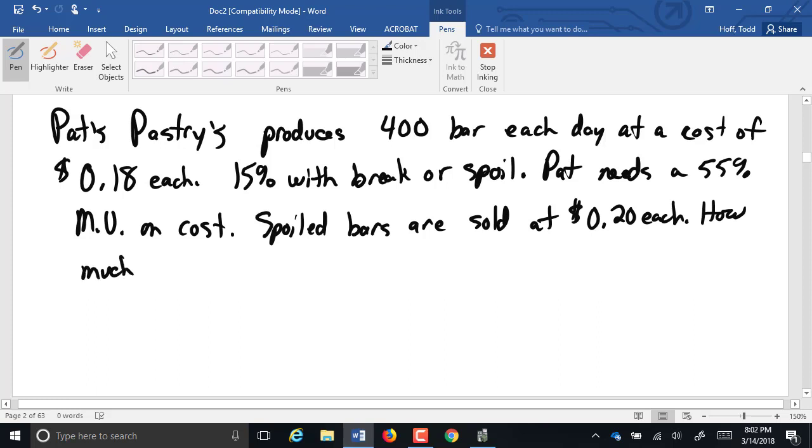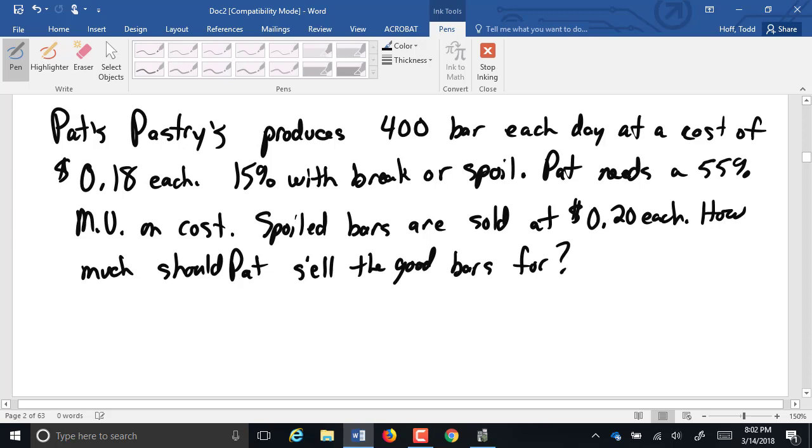How much should Pat sell the good bars for? I know that's really poor grammar, but it's after 8 o'clock and I don't care.